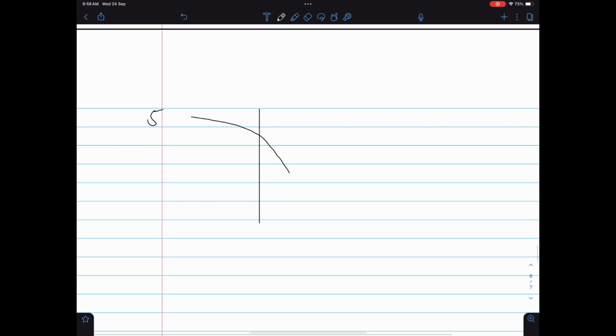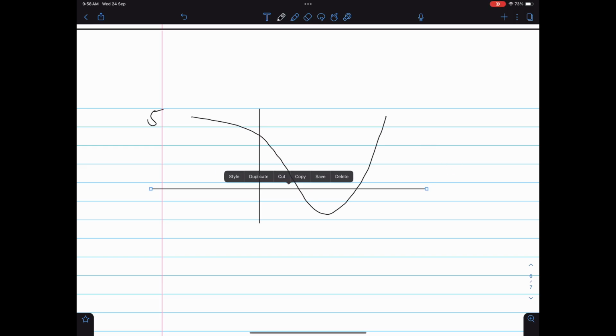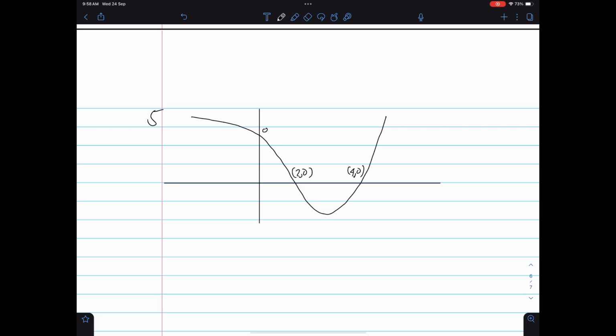Now, question 5. We've got another type of question like this. It looks a bit like this. This is (2, 0). This is (4, 0). This is (0, 90).